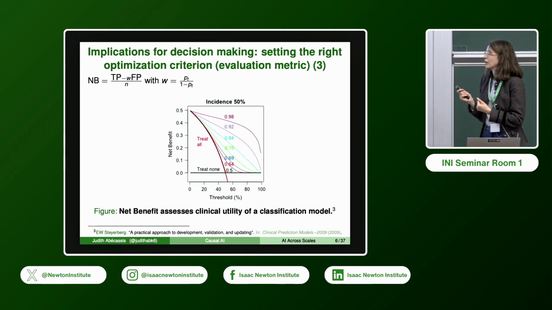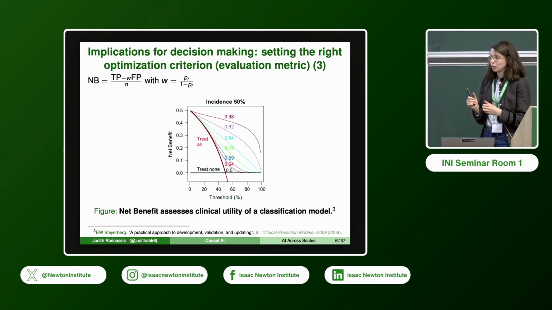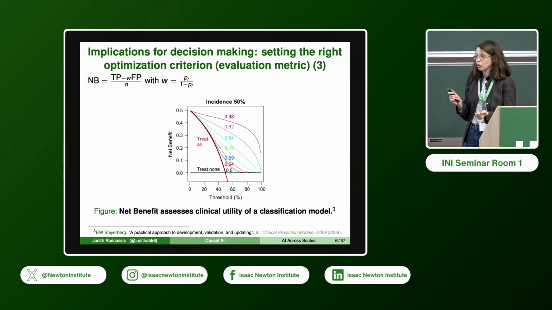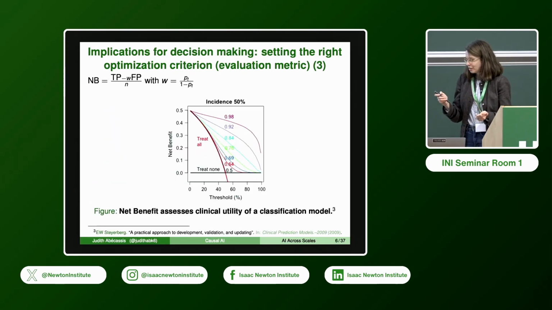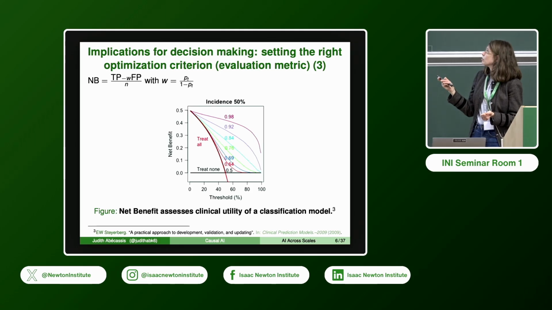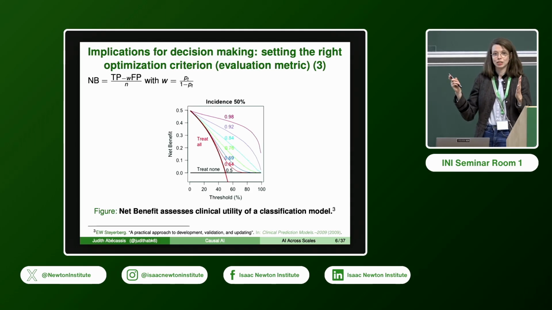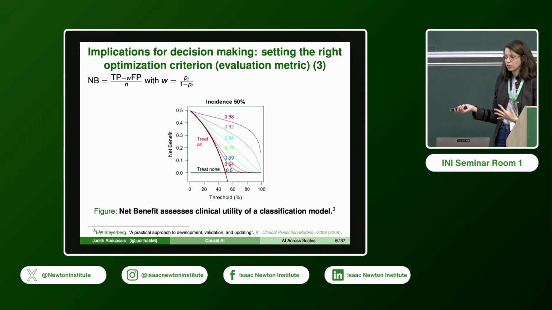Here is one metric that is specifically designed to assess clinical utility, called the net benefit. It's not used a lot in standard machine learning. It includes the true positives, the false positives, and a ratio between the two that reflects the threshold probability you are going to set, and it mostly reflects how many false positives you are willing to accept to get a true positive.